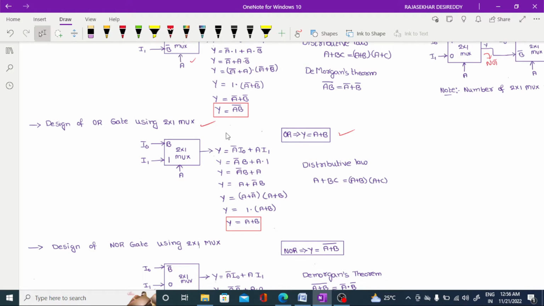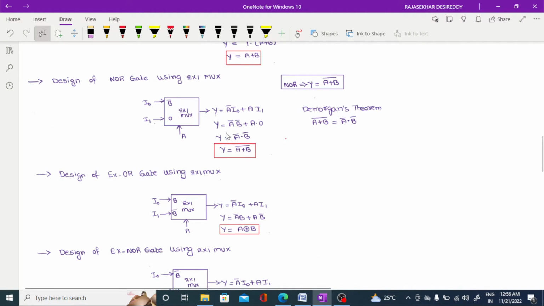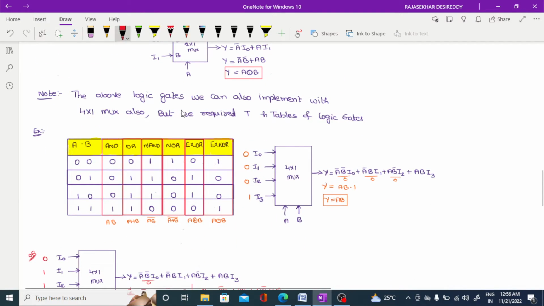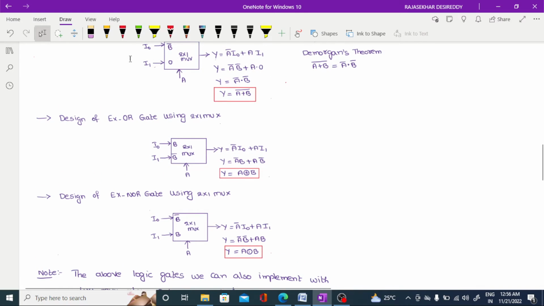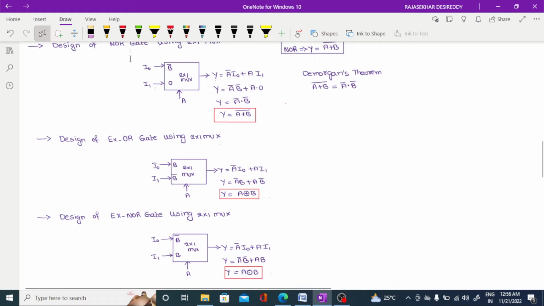Next, NOR gate. Observe this NOR gate. Here I have taken complemented inputs.